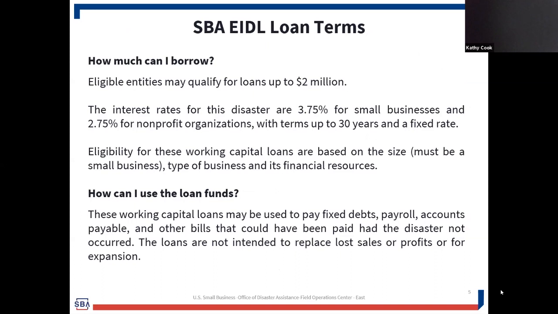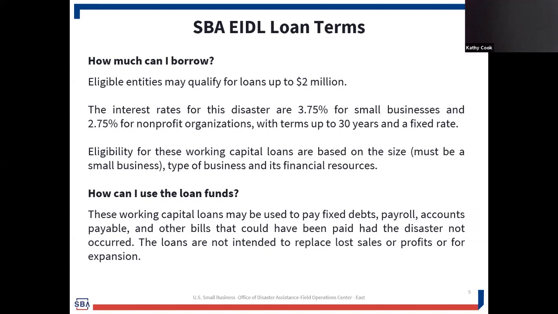How much can I borrow? You can borrow up to $2 million. And you said, well, my business never earned more than $50,000. Then you're not going to get a loan for $2 million. That's the maximum amount. We're going to look at each business and determine the loan amount. The interest rate for small businesses is 3.75%.